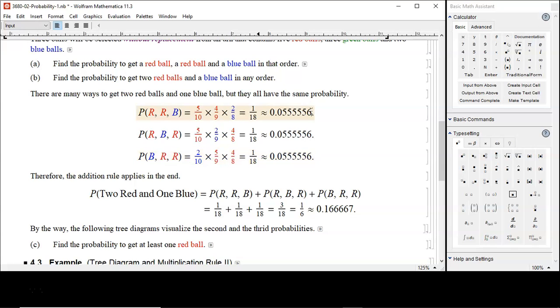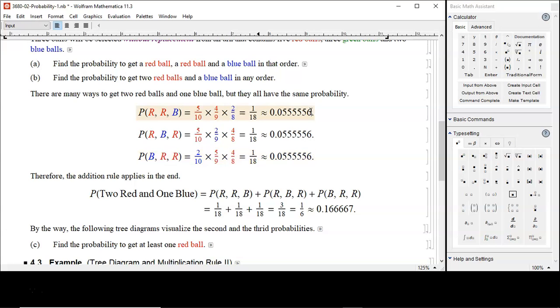You see, this is something we just did. Conditional probability, we just multiply. This one is a little bit different. Second row is now blue, so 2/9th. 2 blue balls to choose from out of total 9. And then red again, so 4/8. And then this is blue, red, red.